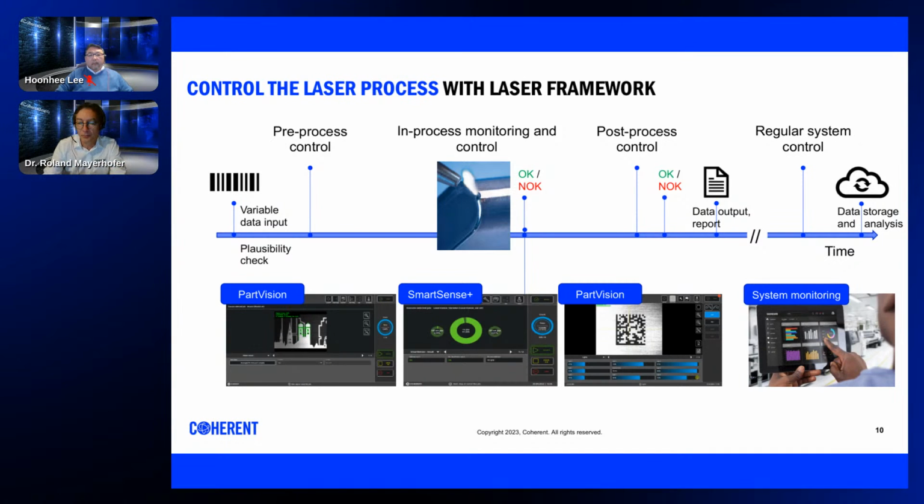Also possible to include in laser framework. In the post-process section, again, vision typically plays the major role in order to check the data and to check the lasered marking content, like shown here with the data metrics code. And of course, on the longer time frame, basically you do some system monitoring. If we have a cloud connection, you can check the efficiency of your process, the overall equipment efficiency, but as well also stage the condition of your laser system.